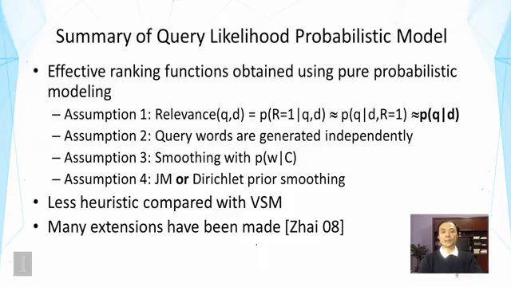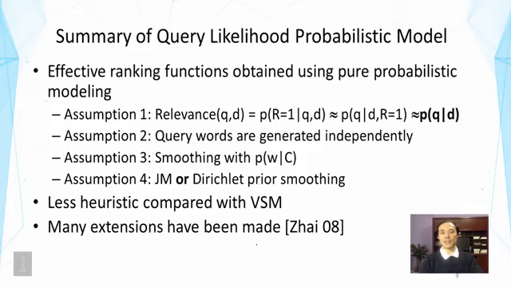And then the third assumption that we have made is if a word is not seen in the document, we're going to let its probability be proportional to its probability in the collection. That's a smoothing with the collection language model. And finally, we made one of these 2 assumptions about the smoothing. So we either use Jelinek-Mercer smoothing or Dirichlet prior smoothing. If we make these 4 assumptions, then we have no choice but to take the form of the retrieval function that we have seen earlier.